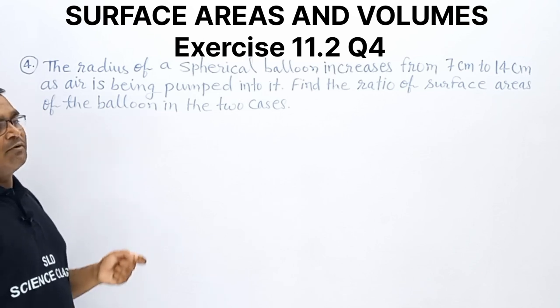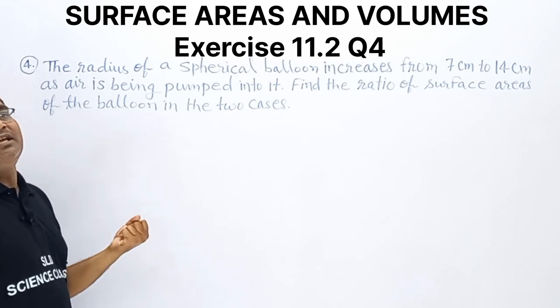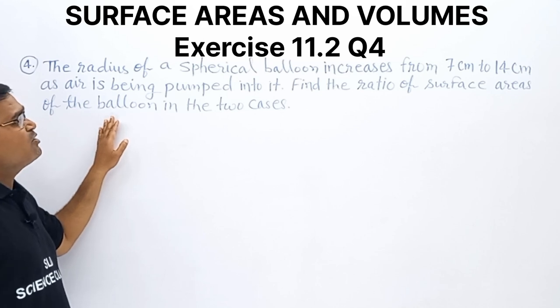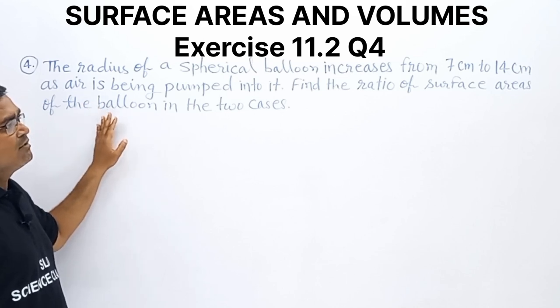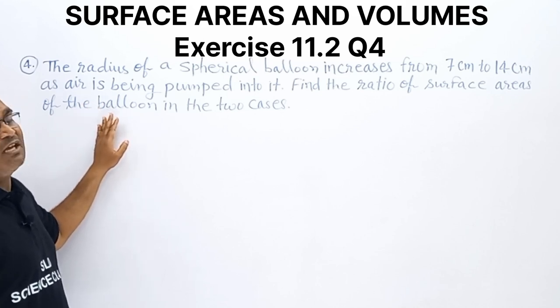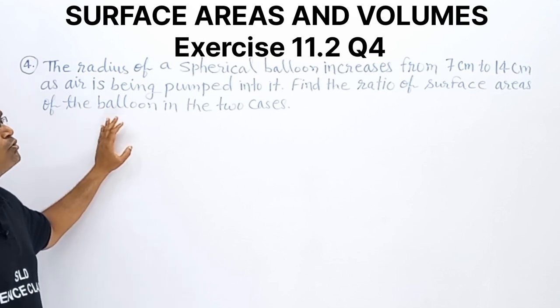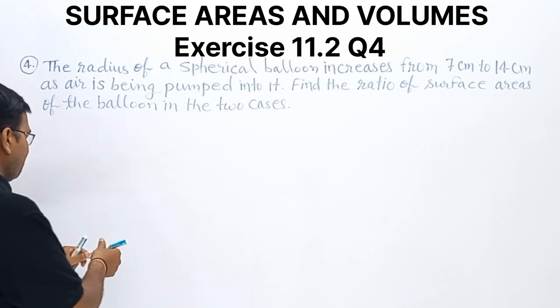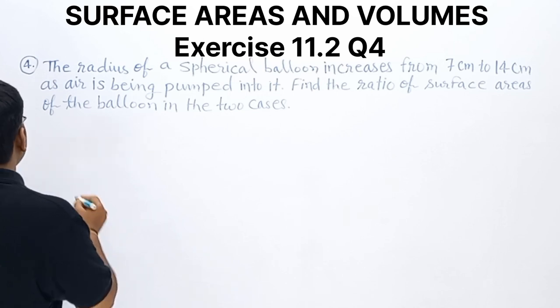Clear? Initially the surface area of the balloon, and once we pump air, the surface area of the balloon. We want the ratio of both. So how will we solve? Observe, it is a simple question.